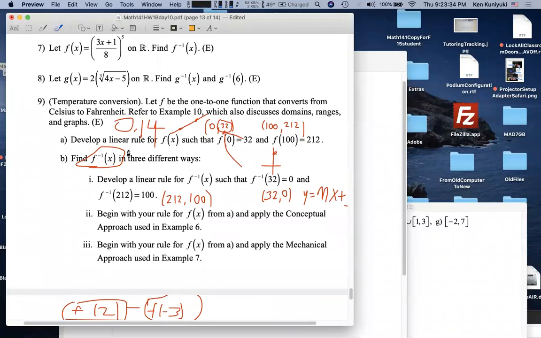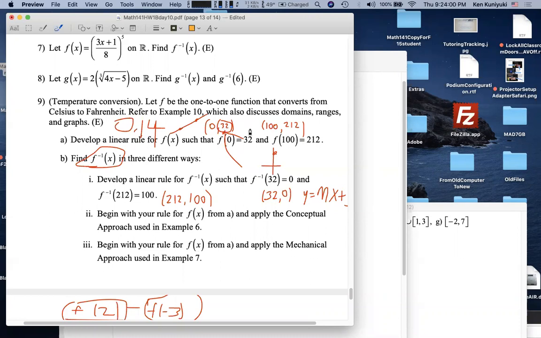I'm telling you that it's a linear conversion rule. It's a linear function rule that converts you from Celsius to Fahrenheit. Because f of 0 is 32, and because f of 100 is 212, that means that the point 0, 32 is on the graph, the point 100, 212 is on the graph. So basically, you want to find slope-intercept form, y equals mx plus b, where you find the slope, rise over run, from these 2 points, okay?